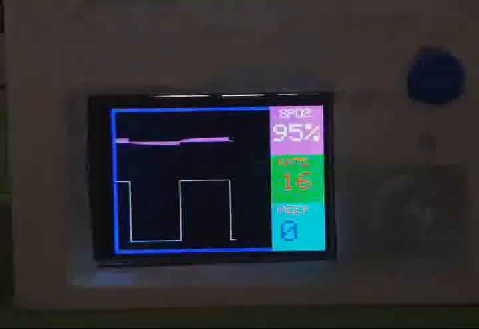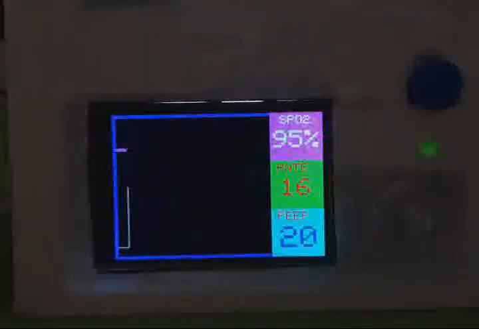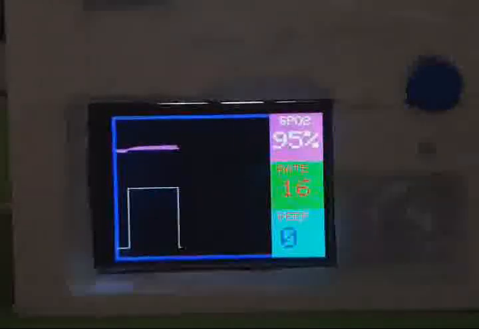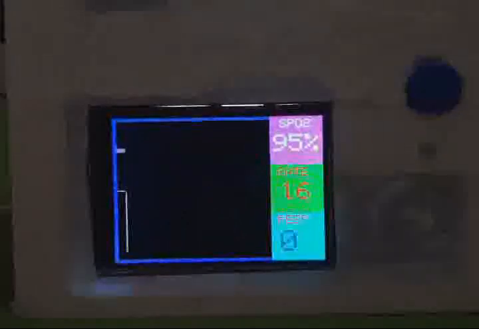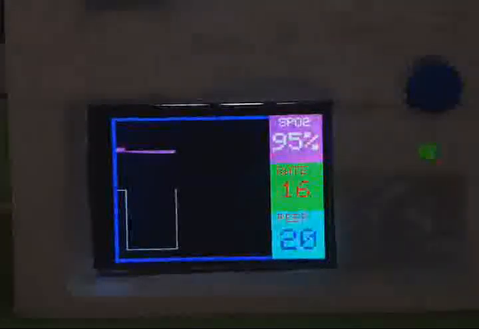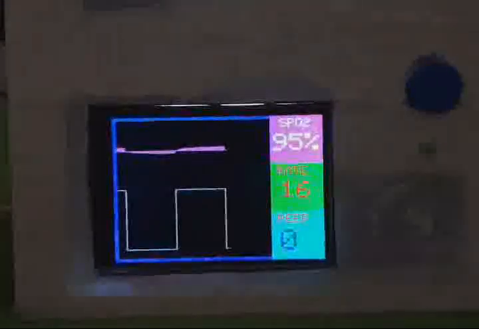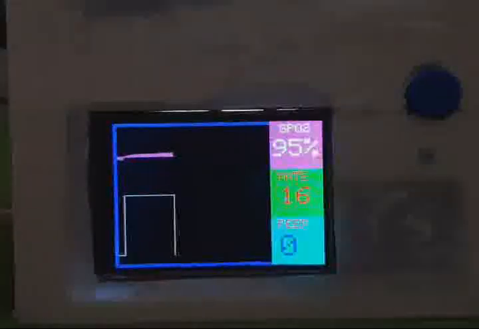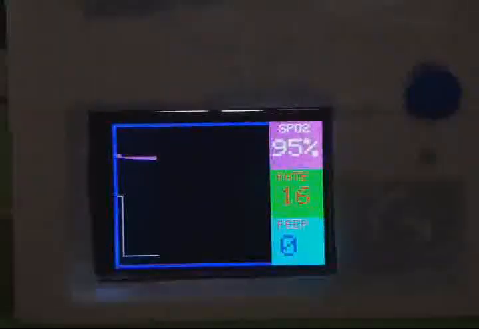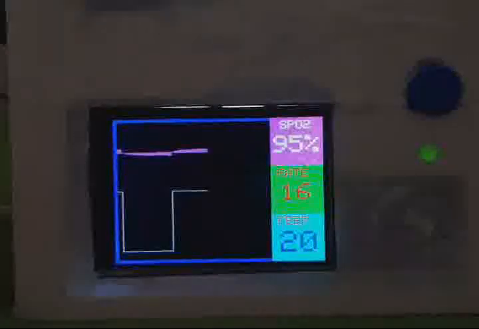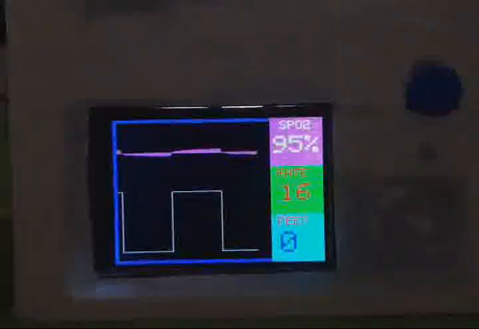On the screen, 0 means minus pressure, like a vacuum in the mask or the tube, and the maximum level of 20 means there is a pressure. So he can take a breath. This is the complete cycle of the patient. This is everything I wanted to show you.